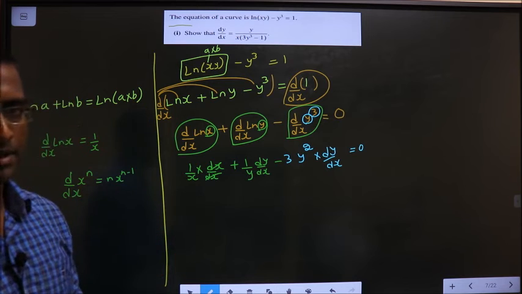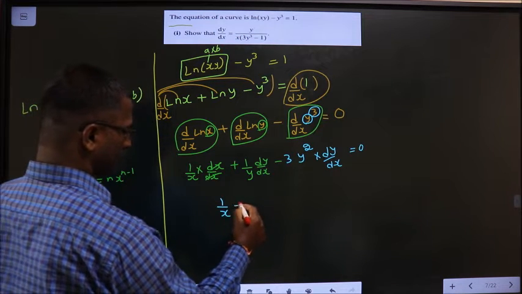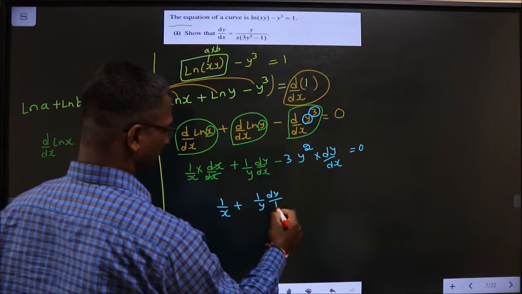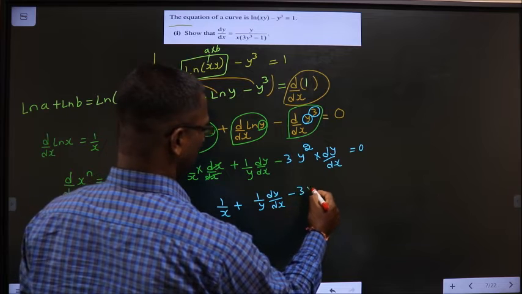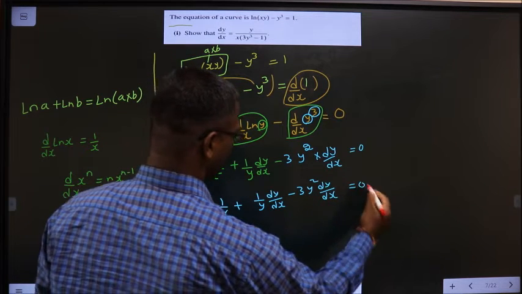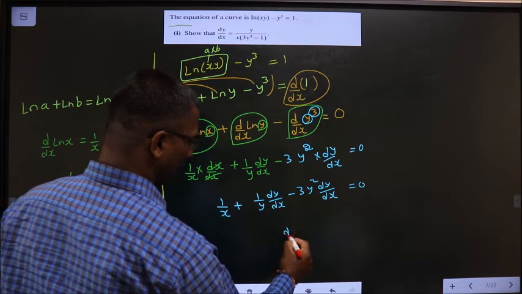Clear with the step? Next. So here it is 1 by x, and here it is 1 by y dy by dx, minus 3y square dy by dx equal to 0.